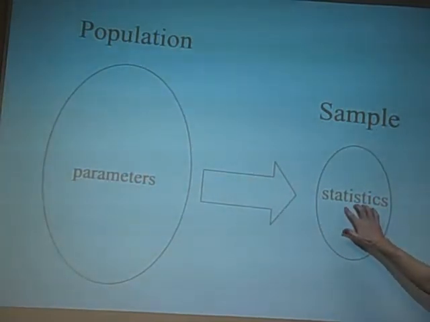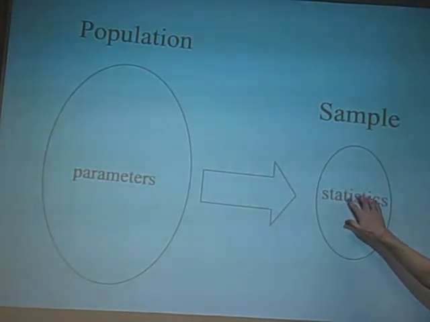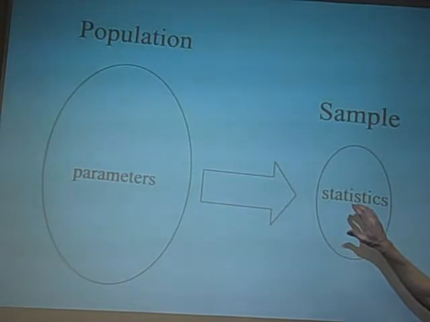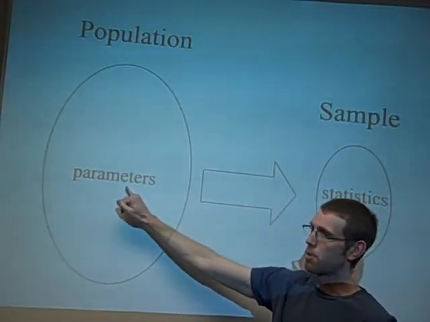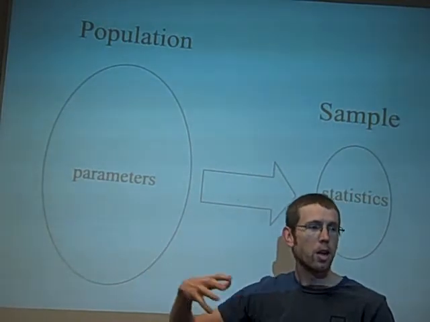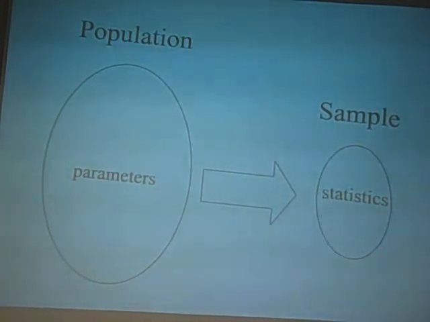So we've got all these statistics we could calculate, and the idea in statistics, in a course such as this, is how can we best estimate these parameters? Because we're never going to know the value of those parameters, but how can we estimate them?